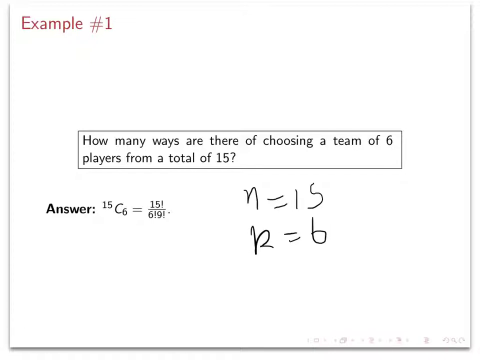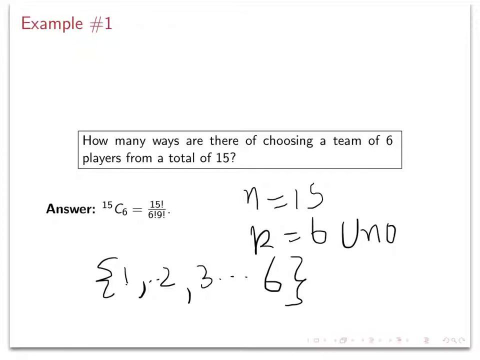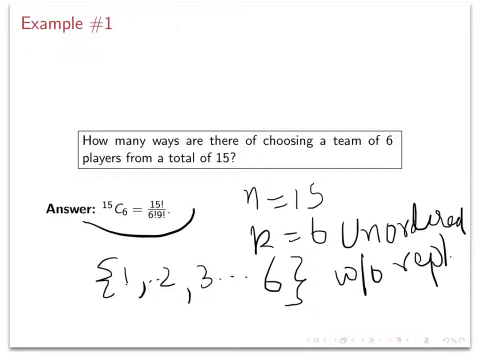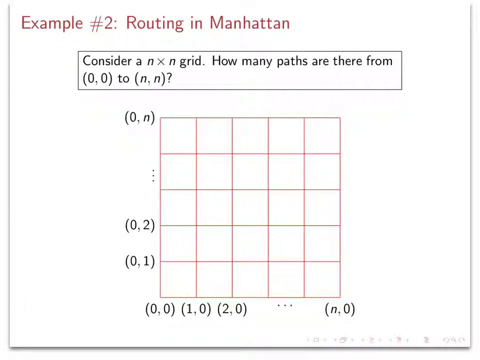We are just talking about a team, so we aren't distinguishing the players, so it's just a set of 6 players. Put this all together, this is an unordered choice without replacement. The answer is simply 15 choose 6.